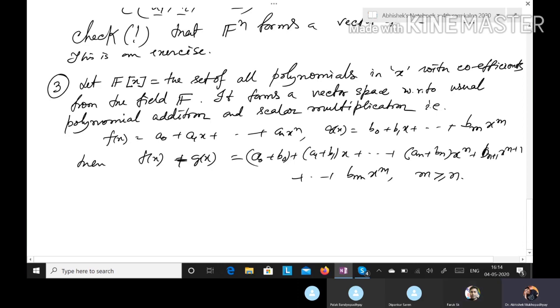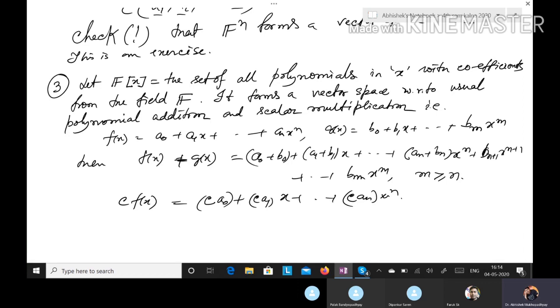Okay. So this is the usual polynomial addition, and if you consider any scalar c and multiply it with f(x), just multiply each coefficient with c. So with respect to this addition and scalar multiplication, F[x] forms a vector space over the field F.